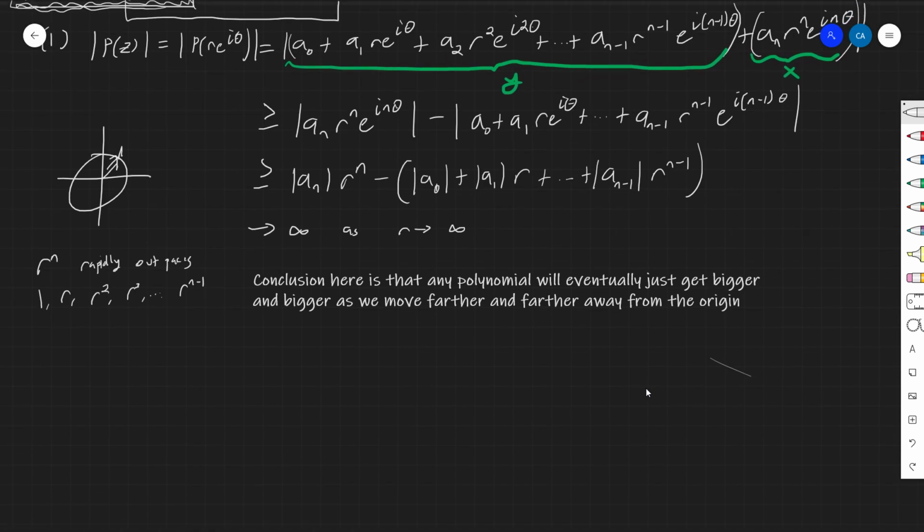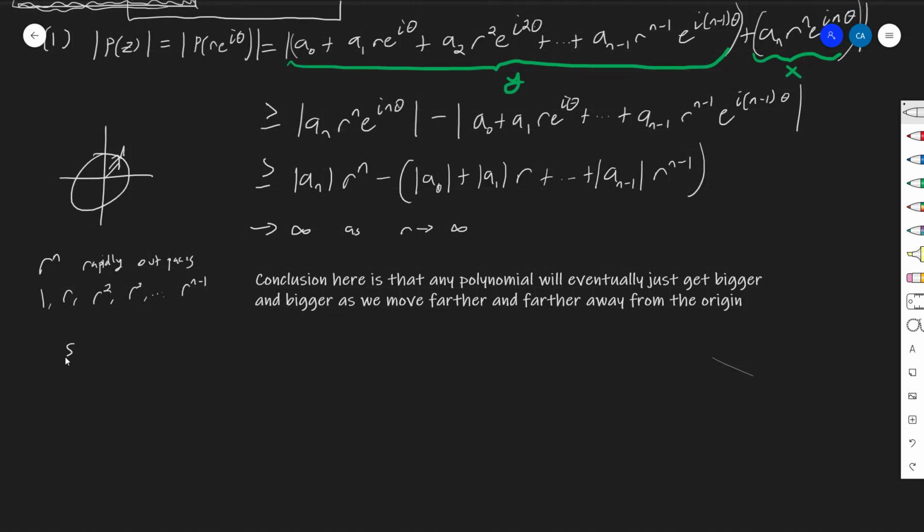And so what that means is that you can pick any number you want. Let me say it like this. Consider p of 0. This is something. It really doesn't matter what it is. Magnitude p of 0.